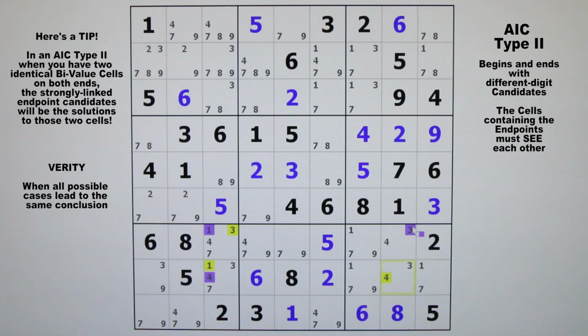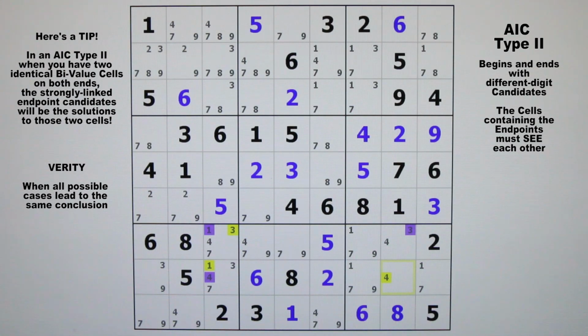That's the definition of a strong link. If A is false, B is true. And if the 4 is true, then there's only 2 candidates in here. That's the answer to this cell, and that can't be a 3. So if the 3 is true, this can't be a 3. And if the 3 is false, this can't be a 3. So we know for a fact that you can eliminate that 3 with certainty.